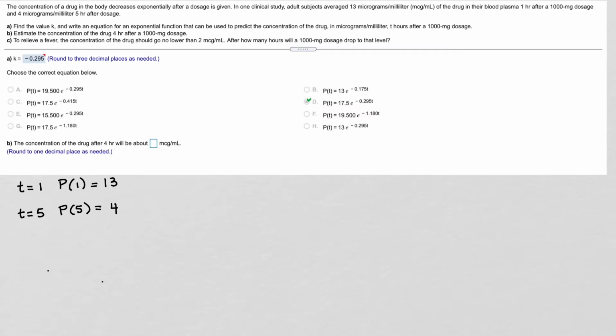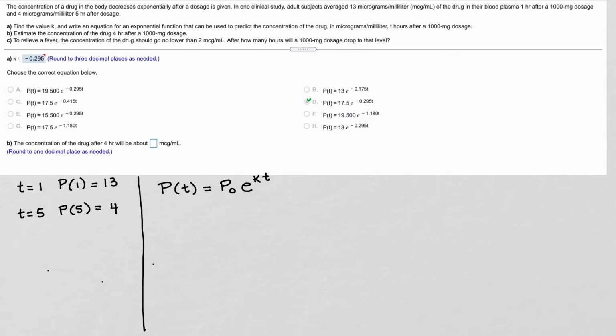So these are the two scenarios that we know about. The equation is going to be in the form P of t equals P naught e to the kt, where k is what we're trying to find out, and that is the rate of decrease.